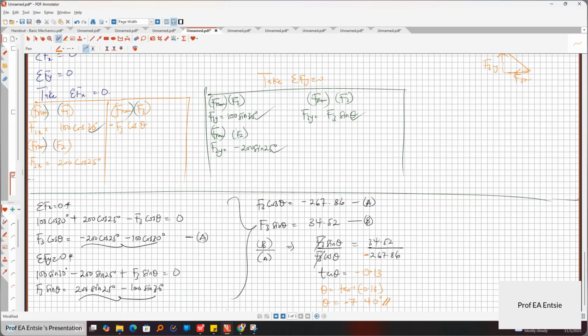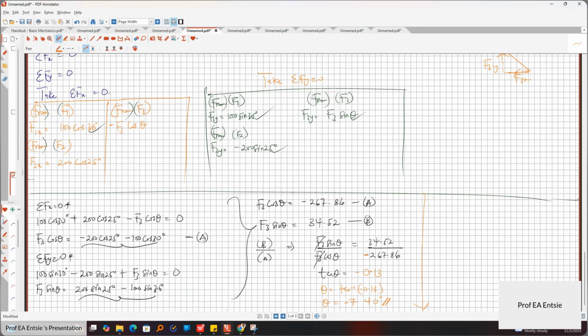As you know, angles cannot be negative, so you can ignore it. But for the sake of mathematical accuracy, we will bring the negative to show the quadrant the angle is in. That's all. So now we can put our theta here, which is a negative value, inside either equation A or B to find F3.